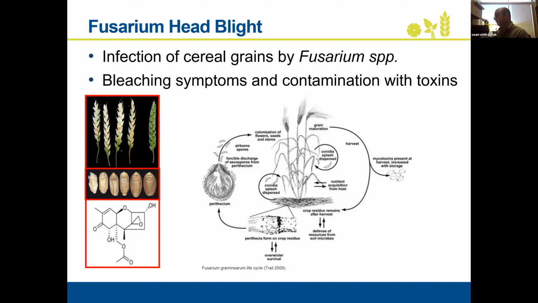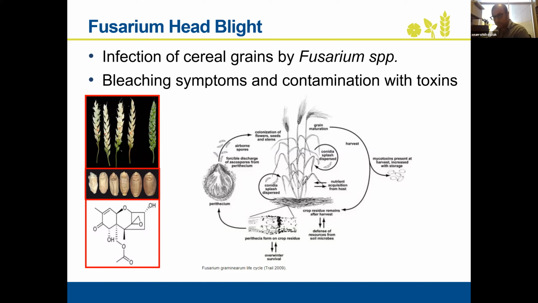So the fungus itself is an ascomycete. It overwinters in its sexual structures, the perithecia. The spores are discharged, and it's timed almost with the heading of the plant, so that the spores can land on the plant just as anthesis is starting, just when the plant is starting to flower.